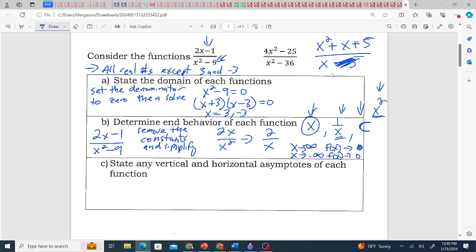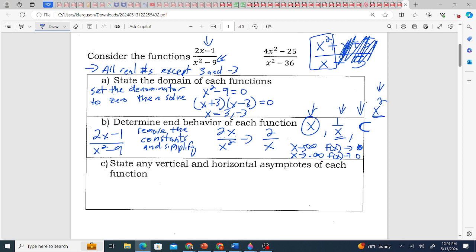Anyway, if I had a problem that looked like this, when it came to determining end behavior, you would scratch all of this off and just think about the highest powers of x. Because if x squared is up there, the x becomes inconsequential after a while, because exponents increase quickly.